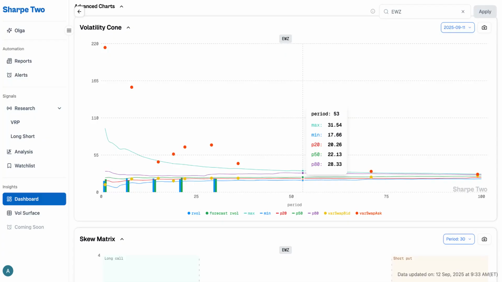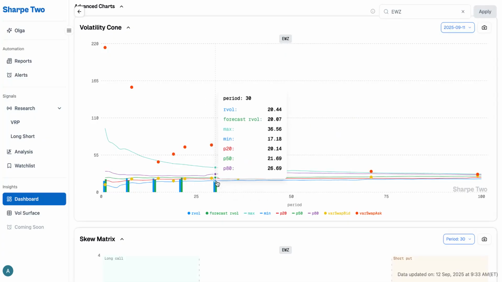So what that means is for this specific period, let's take something like 30. It means that over a not so distant past, so usually I do these things over a 1 year period, the maximum realized volatility measured across 30 days has been 36.56.